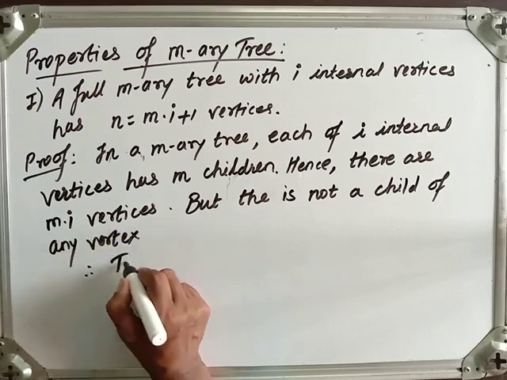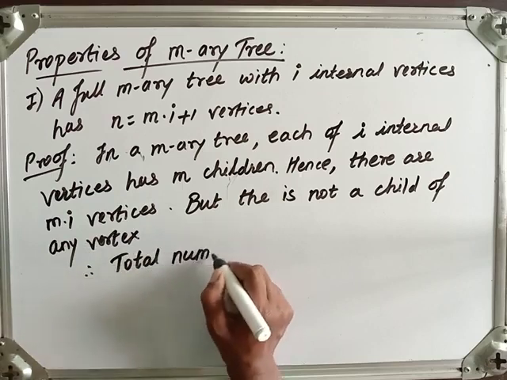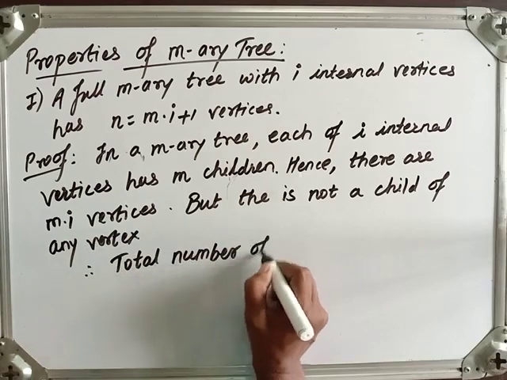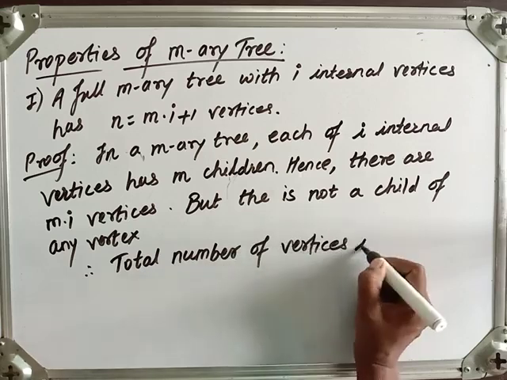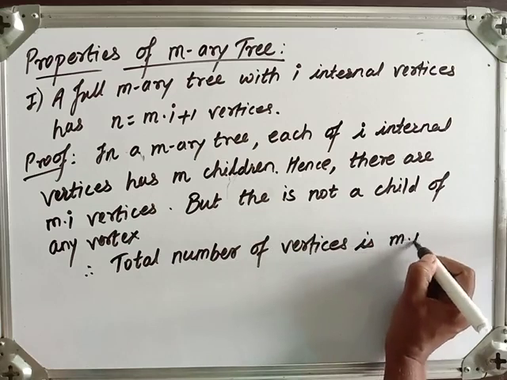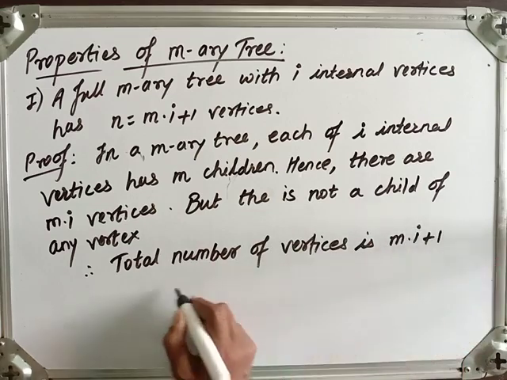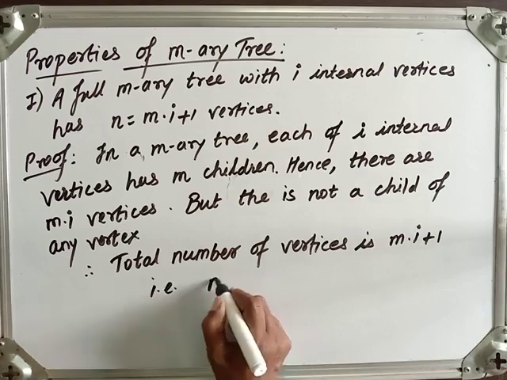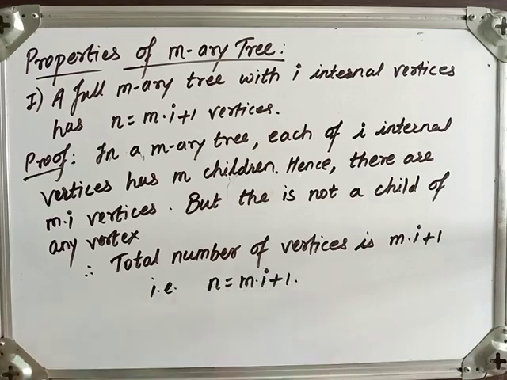Therefore, the total number of vertices is m into I plus 1, and that is, we can say, n equal to m into I plus 1. This is the proof of this first property.